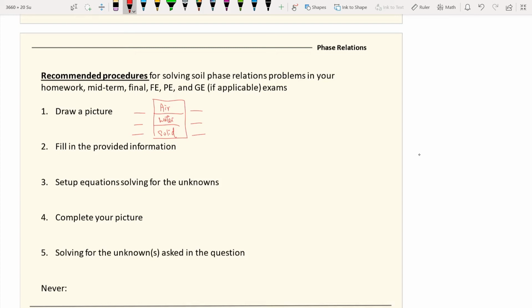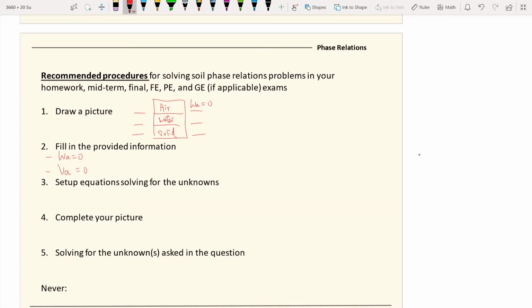And that's one piece of information you can always fill in, right? Because we talked about this a couple slides ago. The weight of the air is equal to 0. So this part you can fill in. In the second step, you can fill in the weight of the air, and you can fill in the volume of air equal to 0.